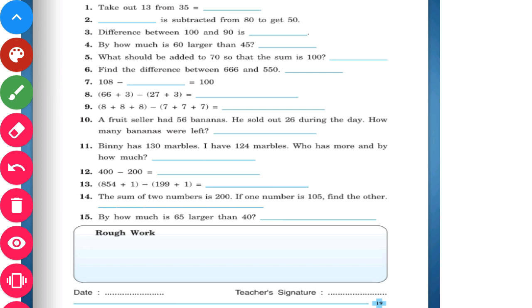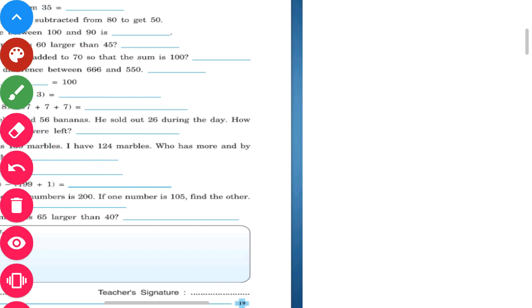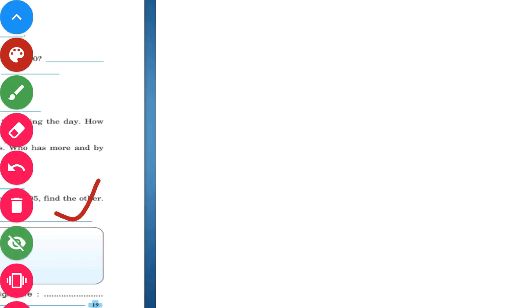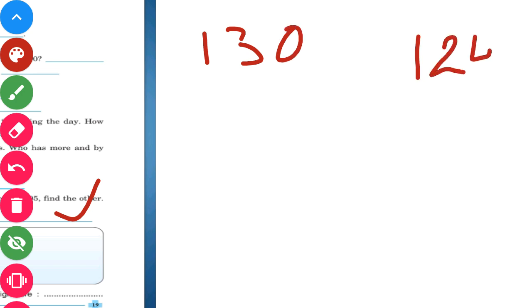We will do that by comparing the numbers. Okay. 130 and 124. Now kids, which number is greater, 130 or 124?